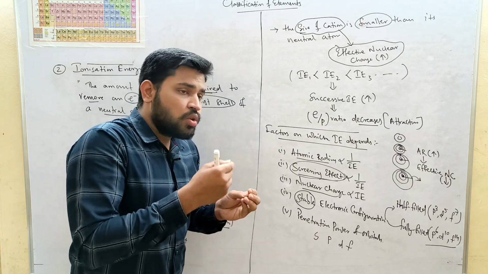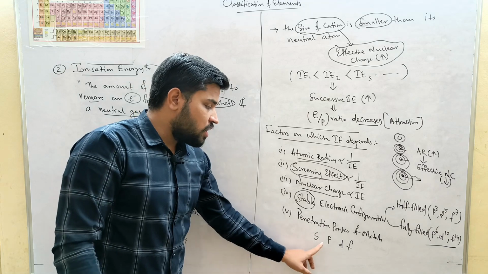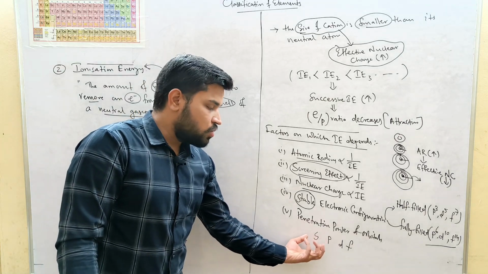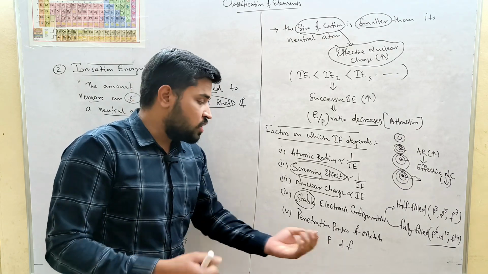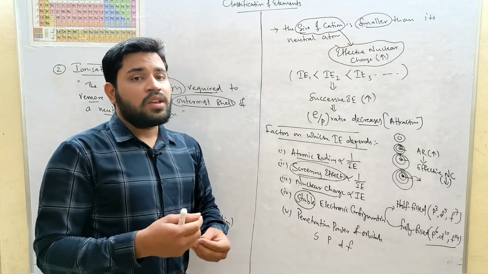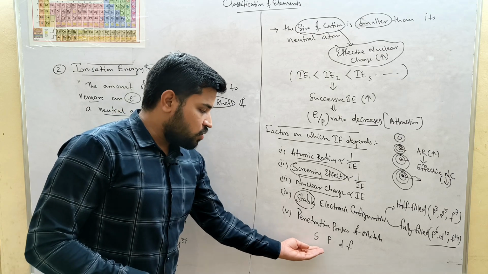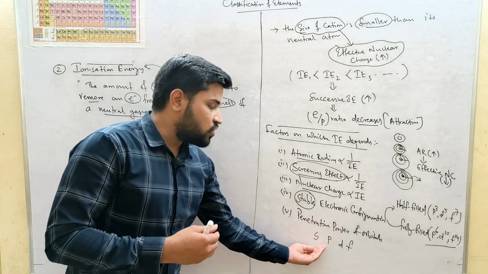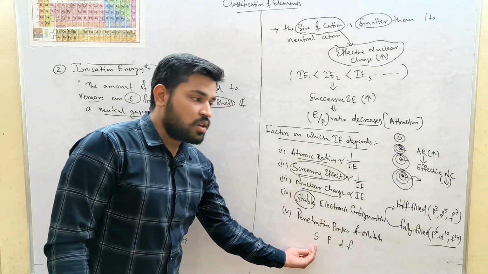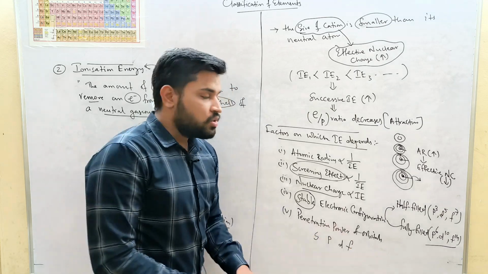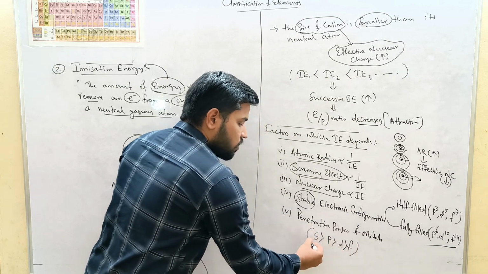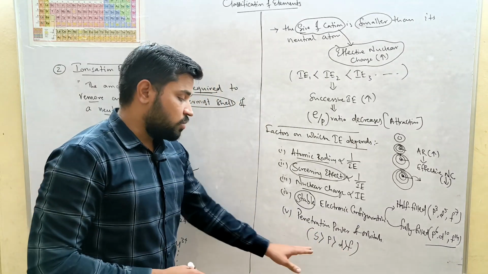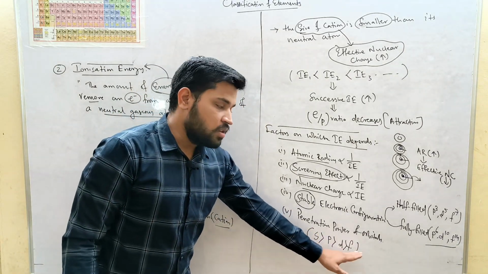So especially to remove an electron from s and p, we have to apply more ionization energy as compared to d and f. Why? Because the distance from the nucleus increases; s is nearer than p, than d and f. So it will take more ionization energy to remove an electron from the s subshell, then p, then d, then f.